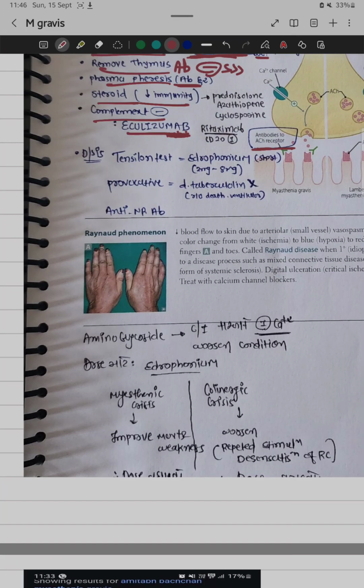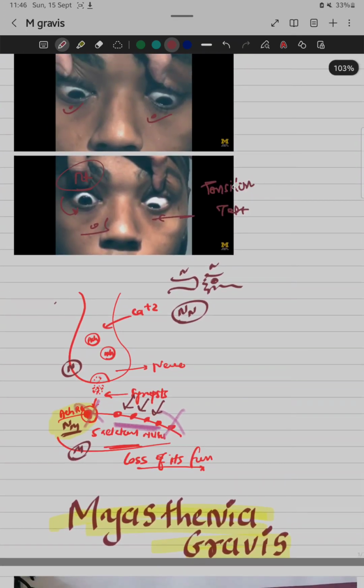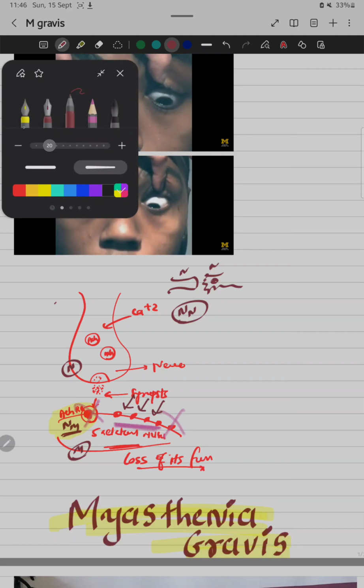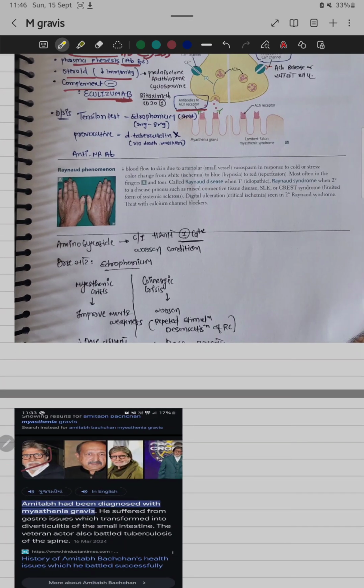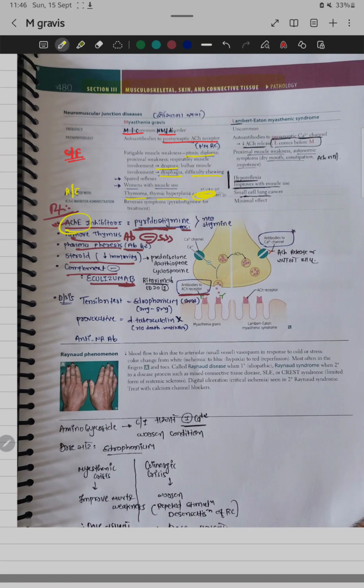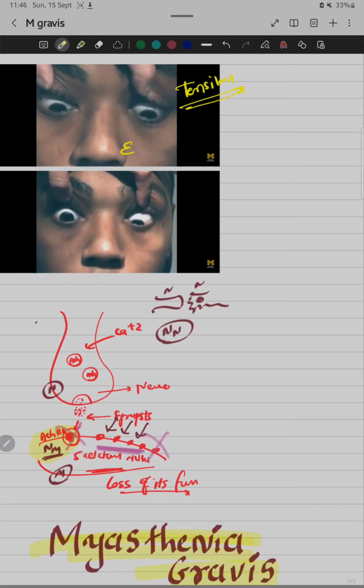Okay, what is the tensilon test? In the tensilon test, what we do is give an acetylcholine esterase inhibitor, edrophonium, which is short acting.